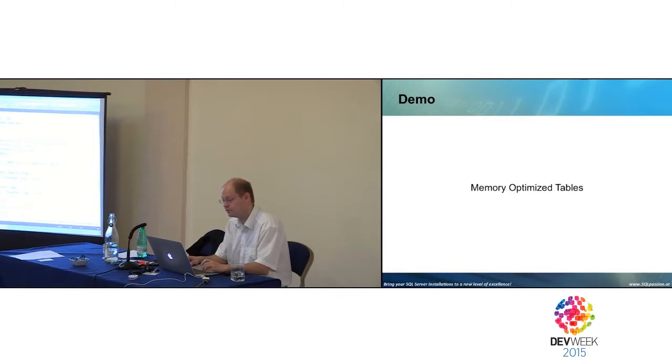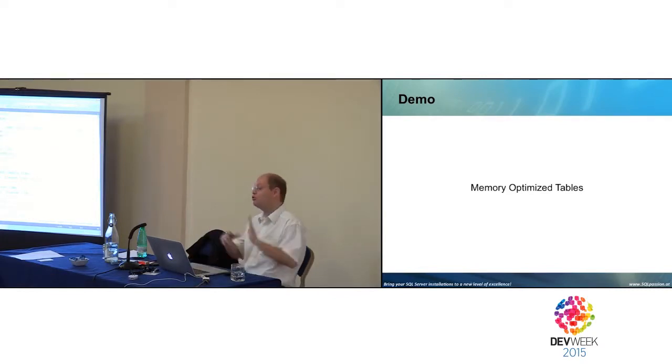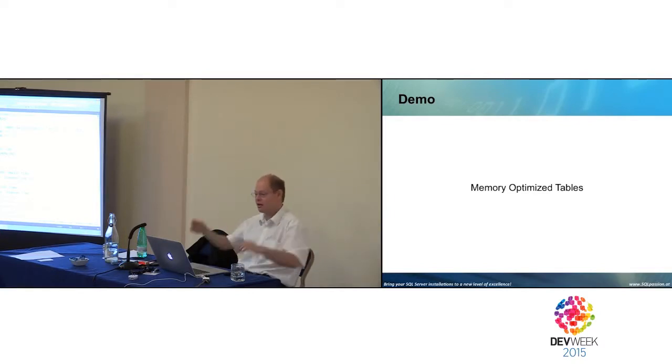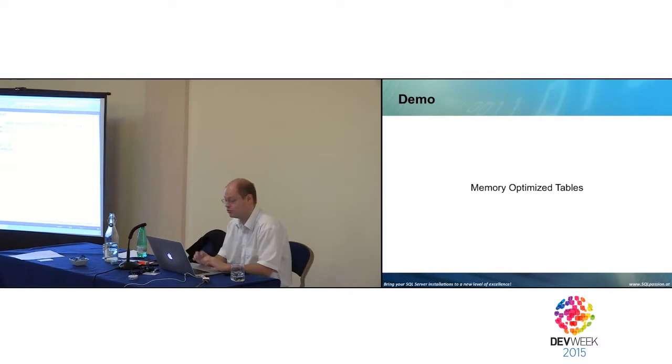On the other hand, when you create a table with SCHEMA_ONLY, so you tell SQL Server, hey, I don't care about my data, then you don't need a primary key constraint. Don't ask me why. It's just a difference. That means when we are inserting, changing, or deleting data in that table, everything happens in main memory.